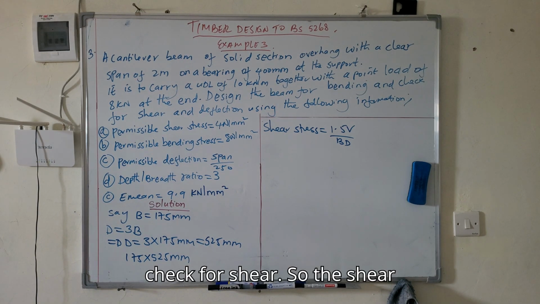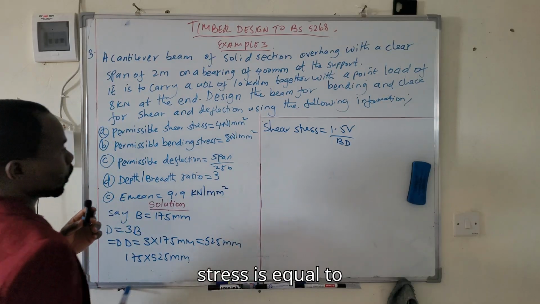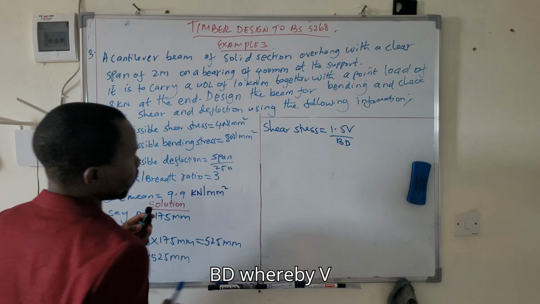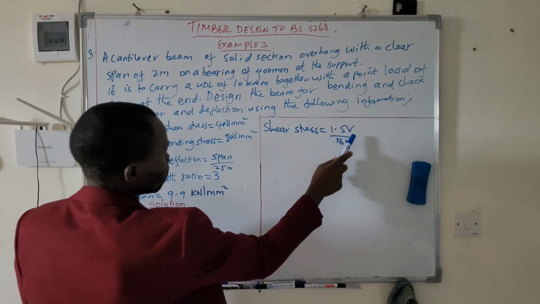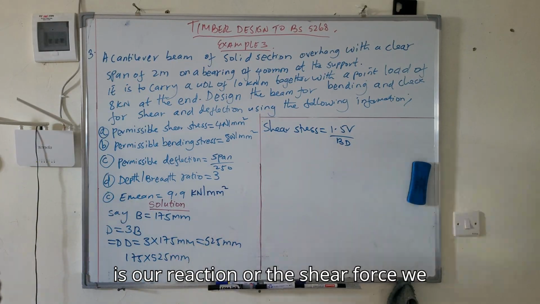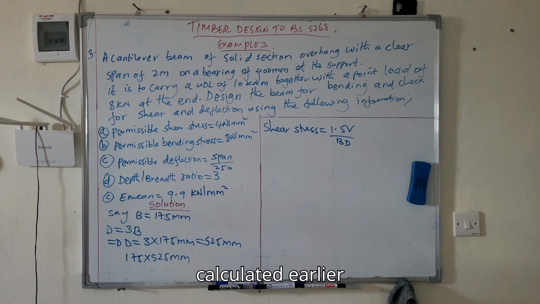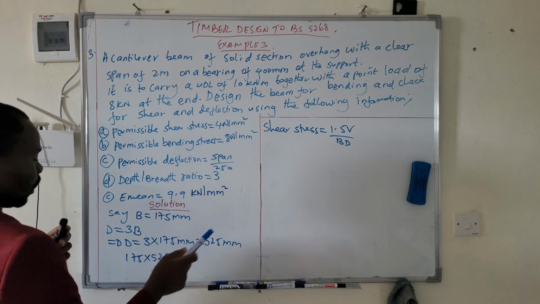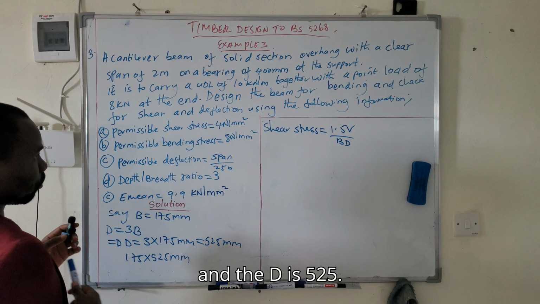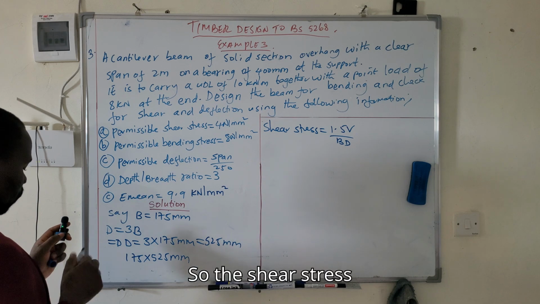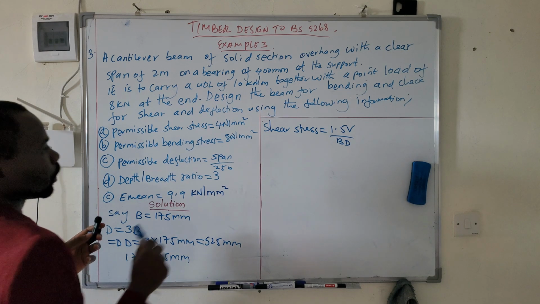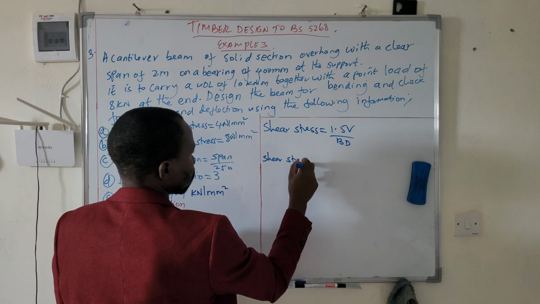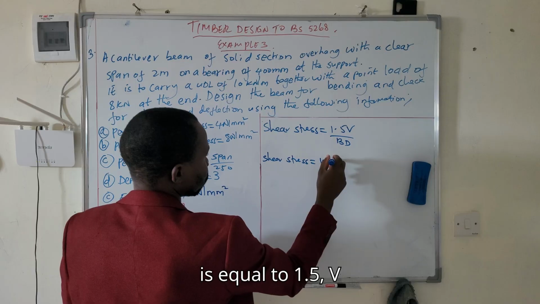Let's check for shear. So the shear stress is equal to 1.5 V over BD, whereby V is our reaction or the shear force we calculated earlier, and then the B is this 175 and the D is 525. So the shear stress is equal to 1.5.